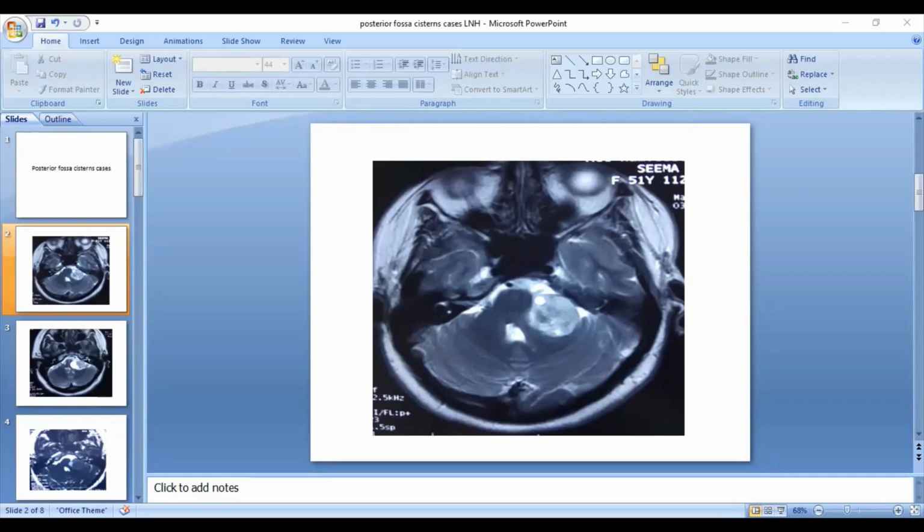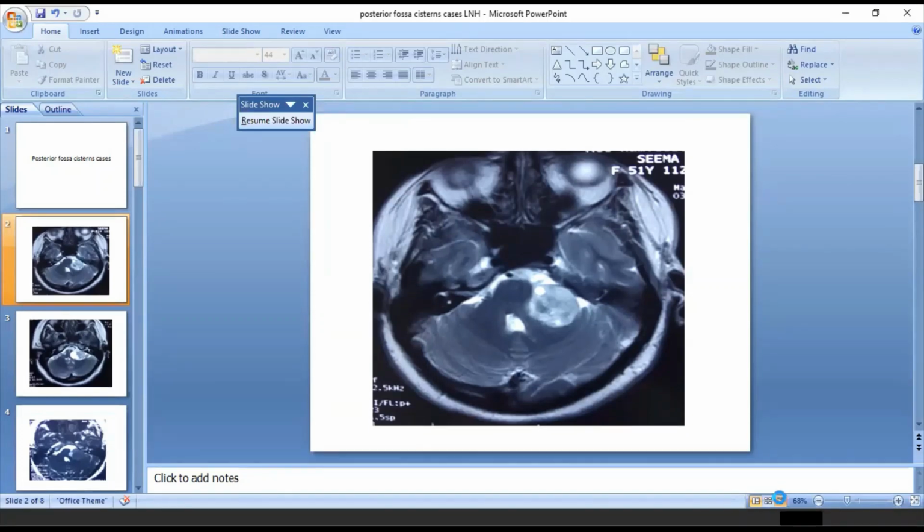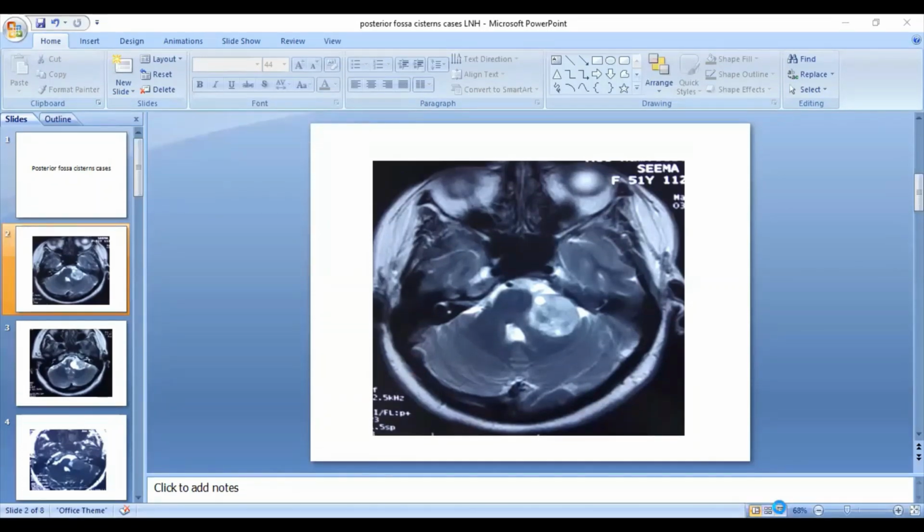Dr. Yasin, your slides have not changed. If it's in full screen, can you go off full screen? Because I think Zoom has issues when you go on presenter mode or the slideshow. Great. Can you change your slides now?